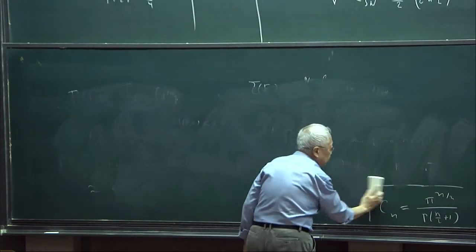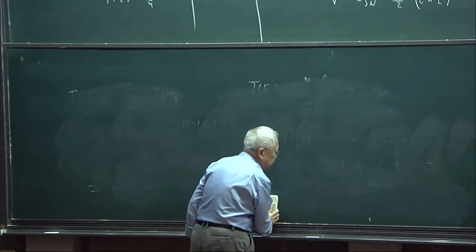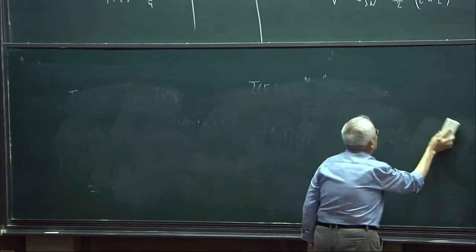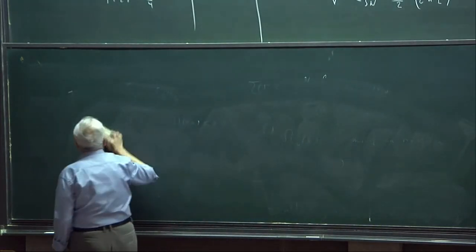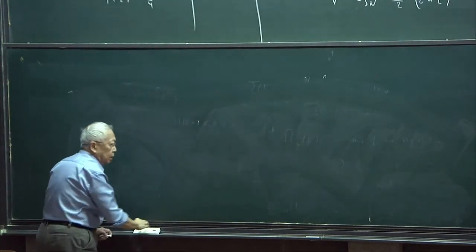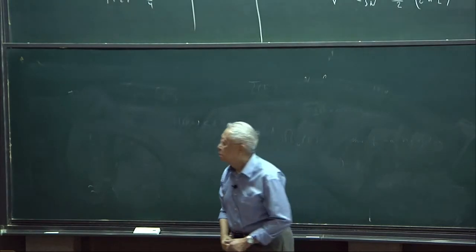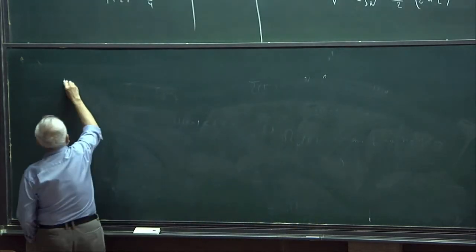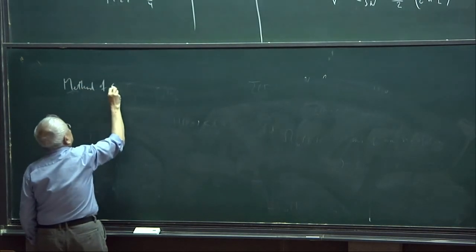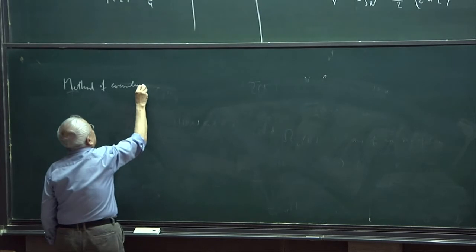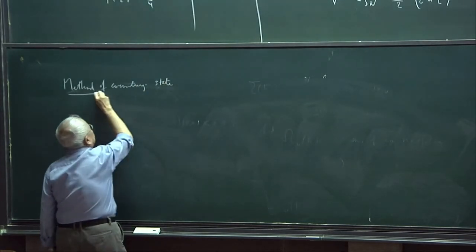The way we did it before is just to integrate the Hamiltonian, since the Hamiltonian says that the energy is the sum of squares of momenta, we just take the volume of an n-sphere. Here we'll just count states. So this is a different method, the method of counting states. And this is very useful because this method generalizes to quantum mechanics.